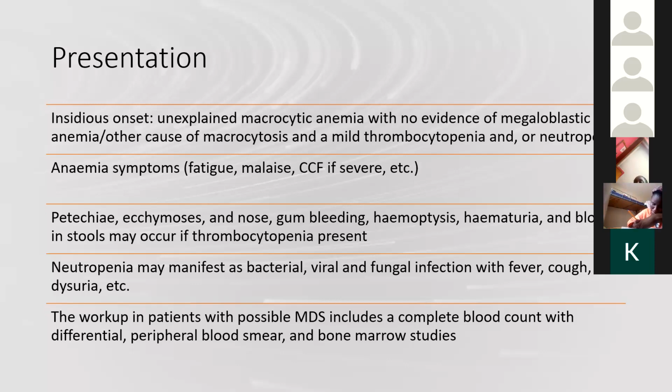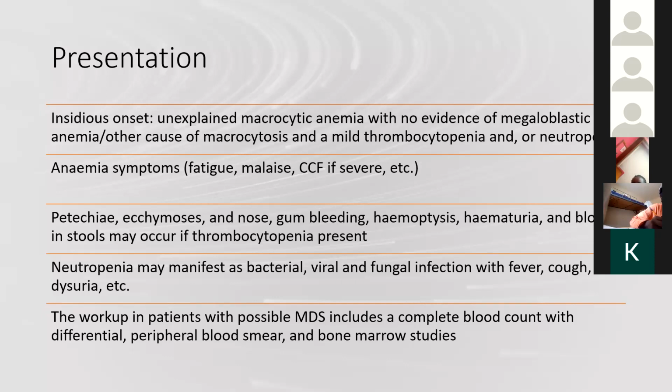So unexplained means they come with a macrocytic anemia, the HB is low, MCV is high, but when you do your vitamin B12, you do your folate, you look for things like alcoholism, thyroid, anything that can cause macrocytosis, you can't find any evidence.